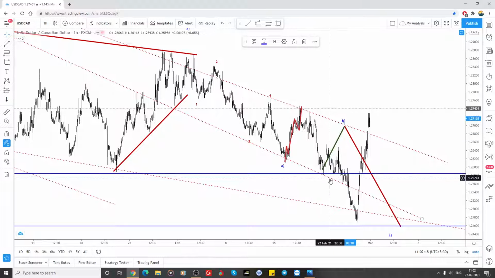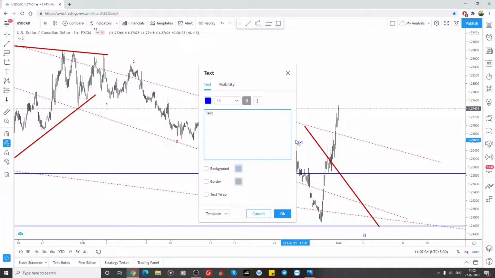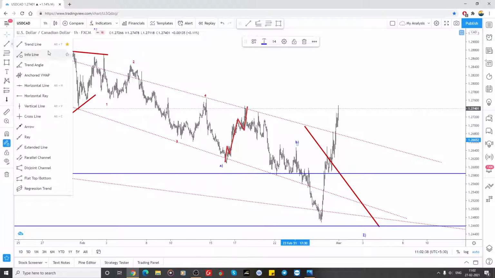So A, B, C, B and C has to come to this zone, and again I expected, but it already came down right after from here itself. So whether we need to accept this as a B, C, D, E. So B is already here. Whether it could be a triangle.